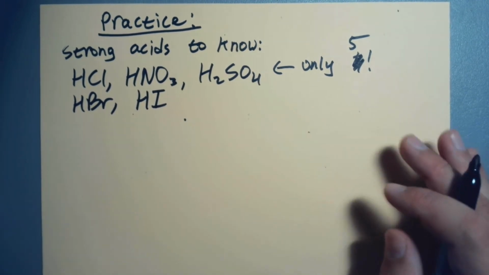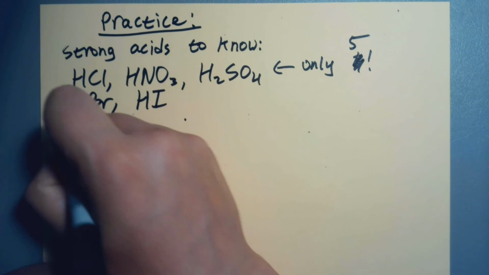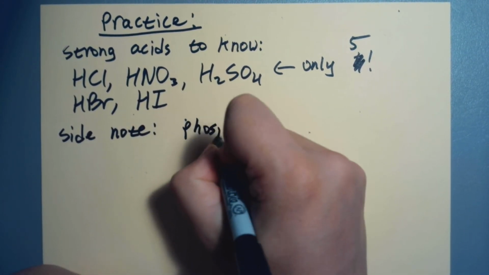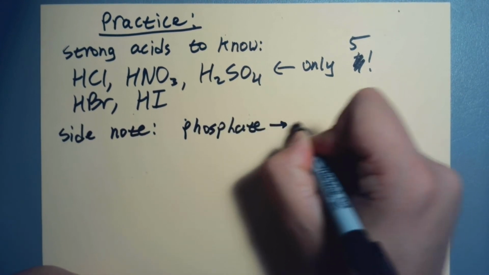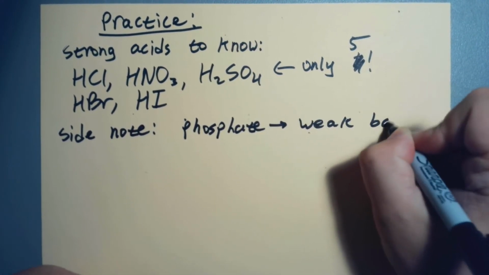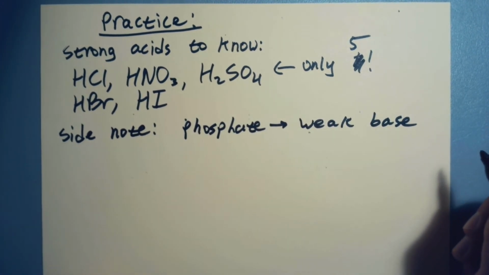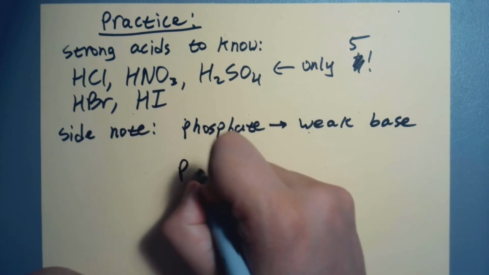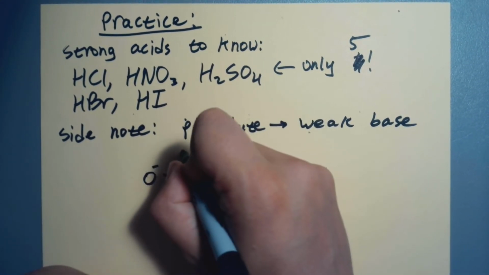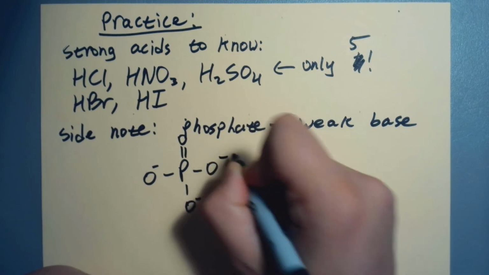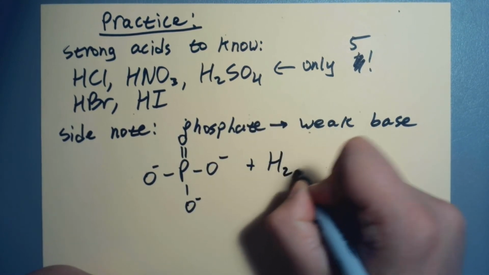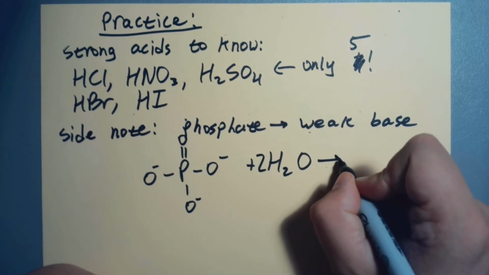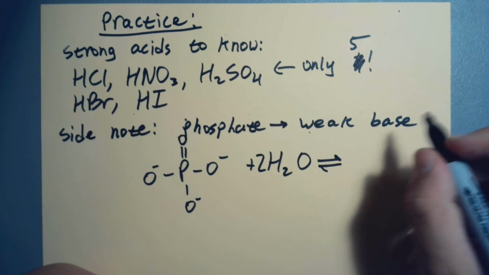And otherwise, just lean on the things I told you. One side note, I'm not going to test on this, but phosphate is a weak base. It doesn't have nitrogen in it, so it doesn't undergo the normal trend. But if you have something like this guy, that's phosphate. I bring a water into it. In fact, I can bring two.